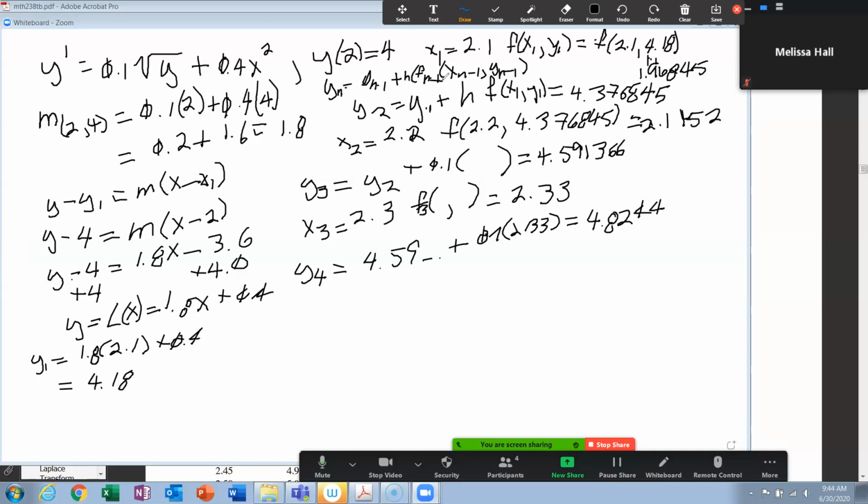Now they may have written it the other way: y sub n plus 1 is equal to y sub n plus h times f sub n, calculated at x sub n, y sub n. That would have been easier to write. So perhaps I should have done it that way. I'll do it that way down here. I don't know if it'll be any easier to read.